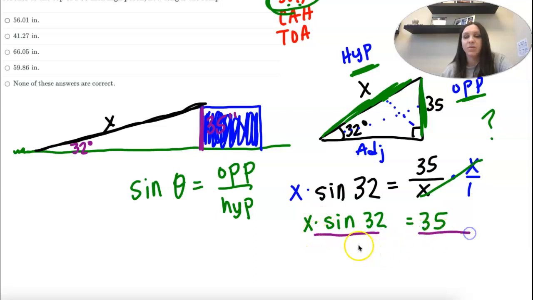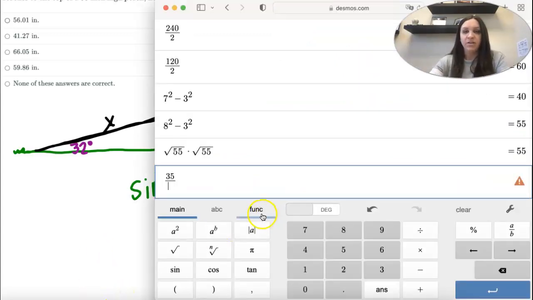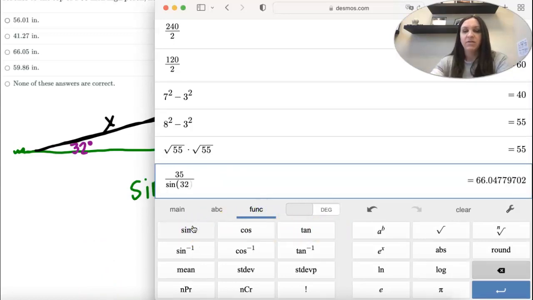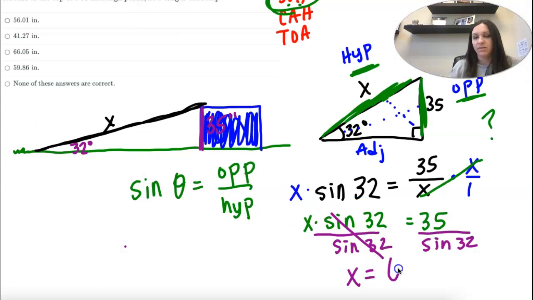So we're going to divide both sides by sine of 32. So x equals 35 divided by sine of 32, which is 66.05. There we go.